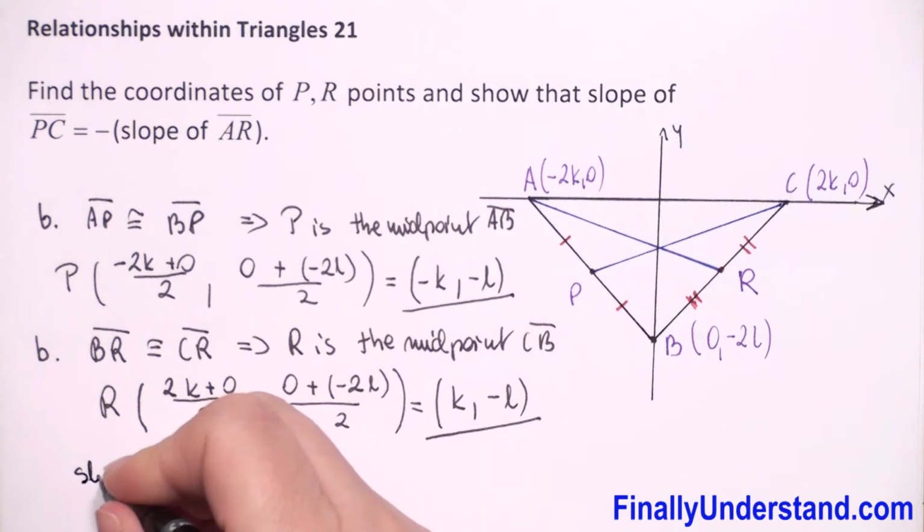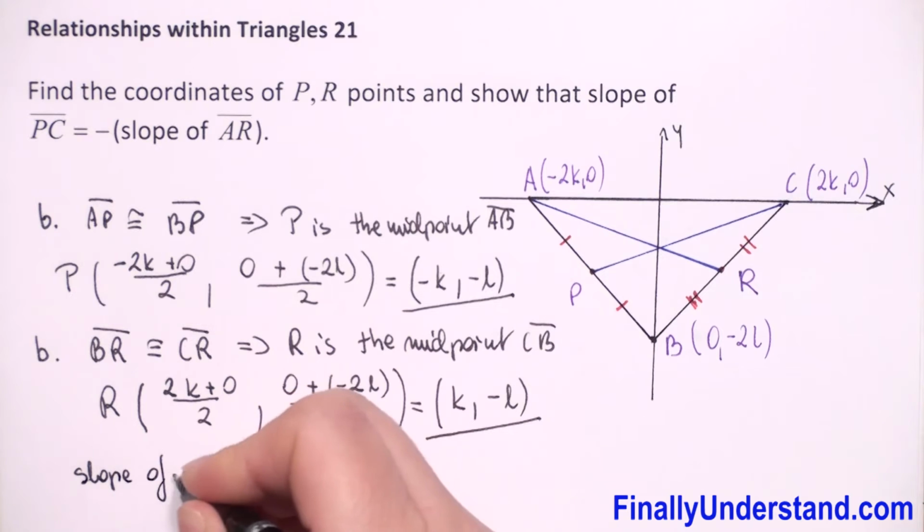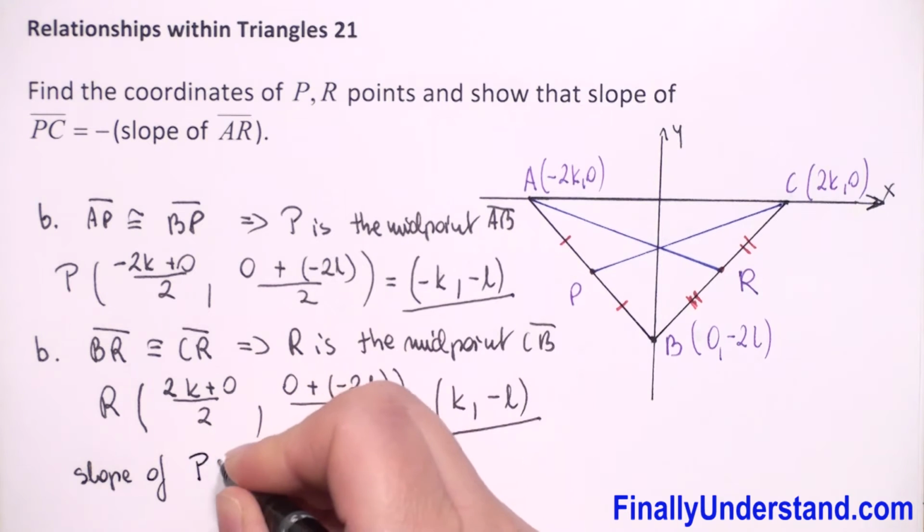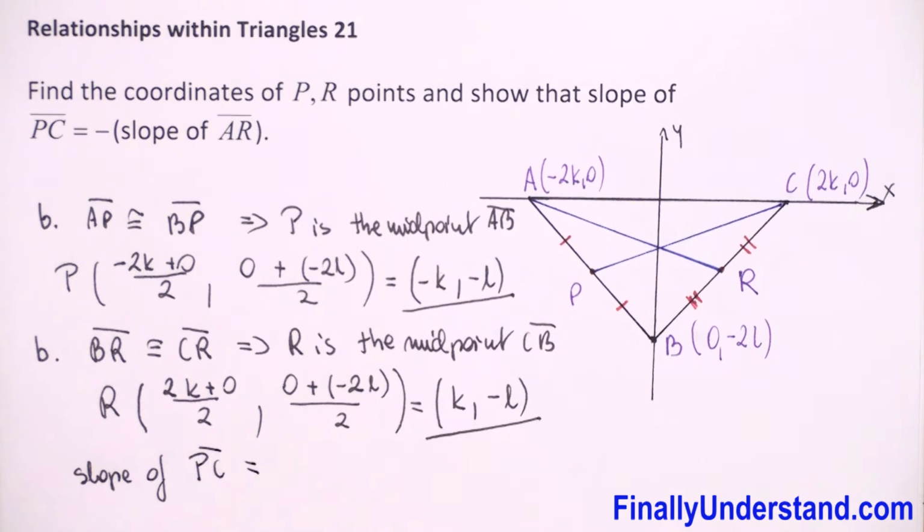The slope of PC segment is equal to: in the numerator, we have to subtract the y coordinates, and in the denominator we have to subtract the x coordinates. This is the formula.